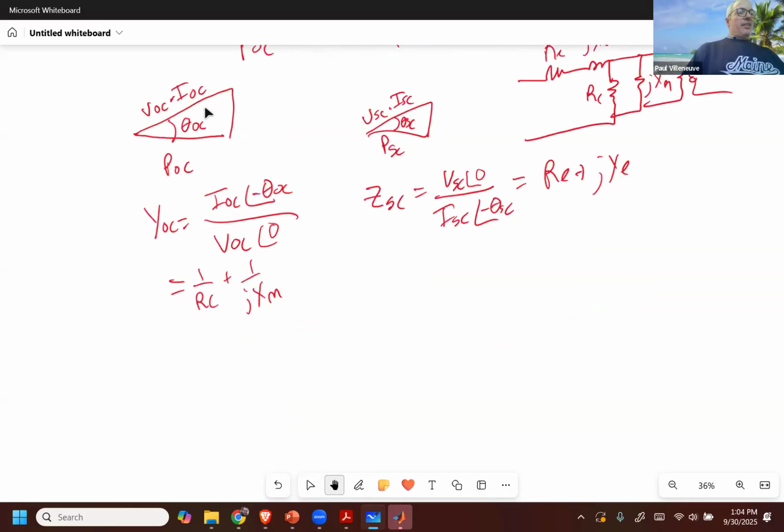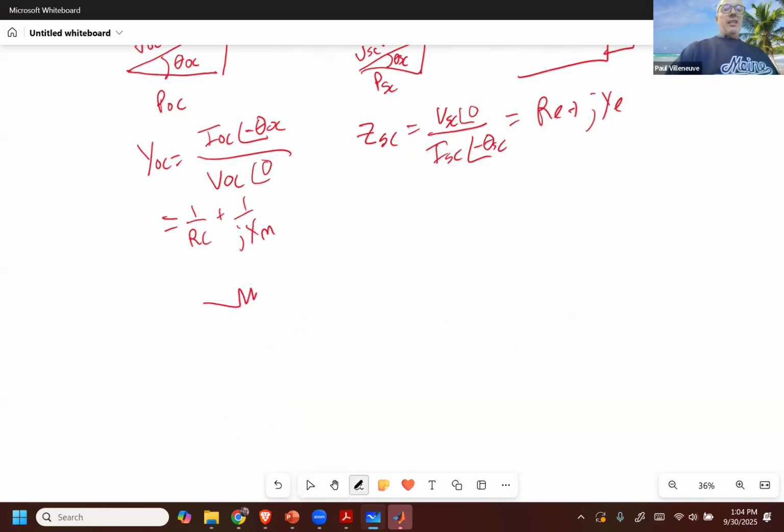For part B, it said, if I neglect R sub C and JXM, now my circuit looks like this, right? And it says, assuming that the transformer is operated at full load, which means the load connected to this is 50 kVA at a 0.8 power factor.